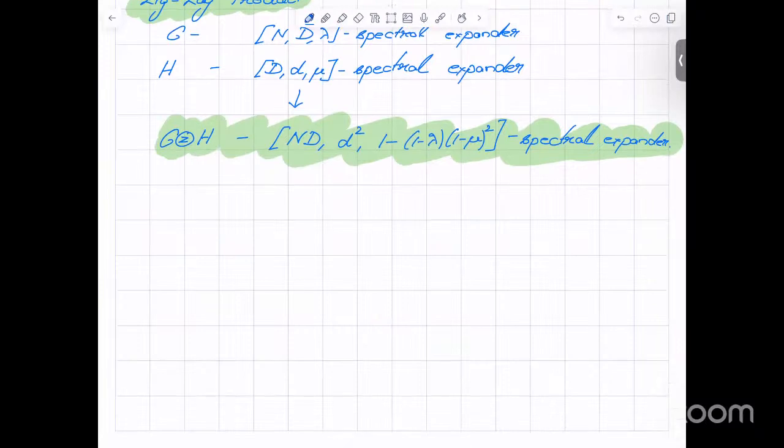G is a graph on N vertices, which is capital D regular. H is a graph on capital D vertices, which is small d regular. So how are we going to construct the zigzag product? The very first step: we take the graph G, we blow up each vertex into a cloud.